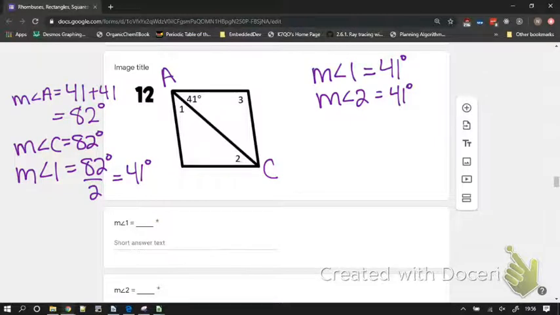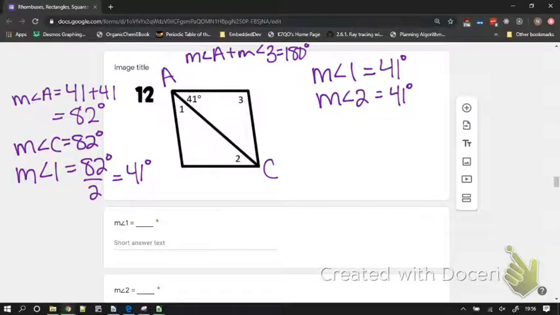All right, that just leaves us angle 3 that we need to find. So again, if we act like the diagonal isn't there, the measure of angle A or C, whichever one, is 82 degrees. Because a rhombus is a parallelogram, consecutive angles are supplementary. So that means that the measure of angle A plus the measure of angle 3 must equal 180 degrees.